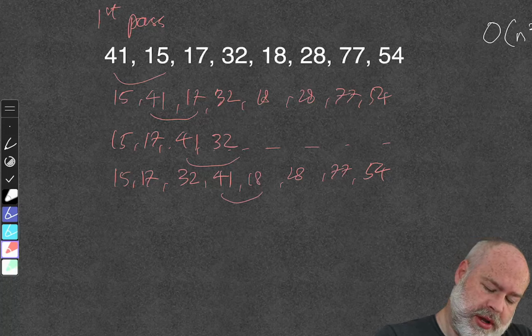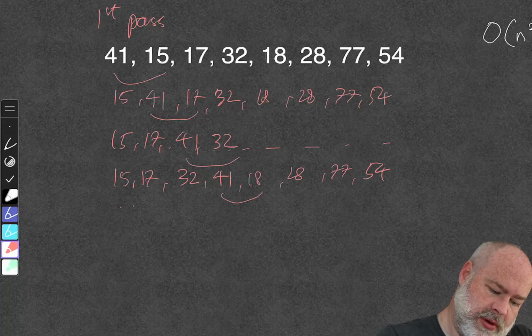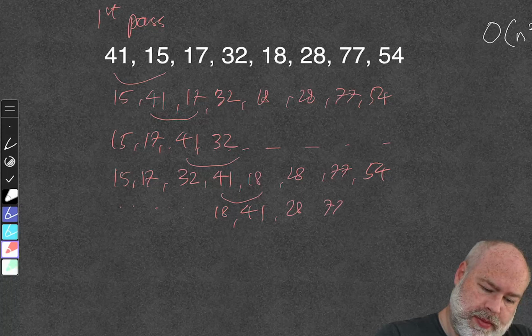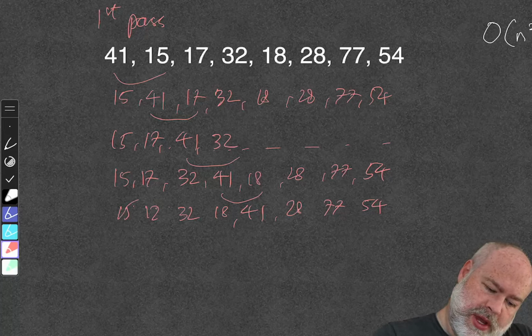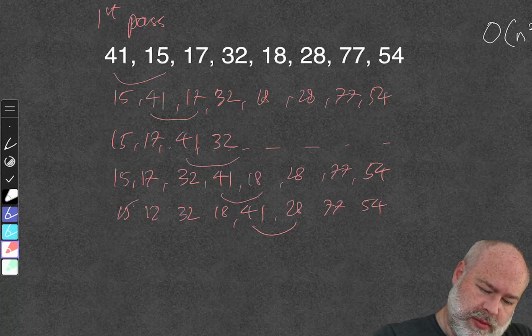And then we're going to be looking at 41 and 28. So all of those are going to be the same, but 18 and 41 are going to get swapped around. 28 will stay the same because we haven't got to those yet. 32, 17, 15. And of course, you can probably guess what the next one is.